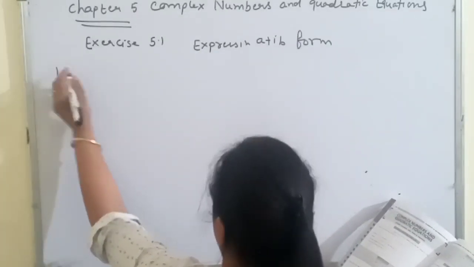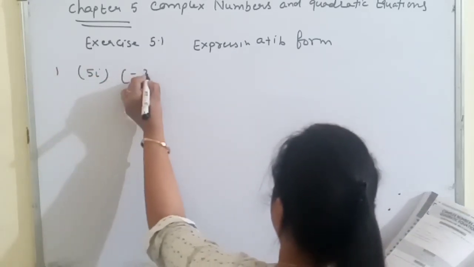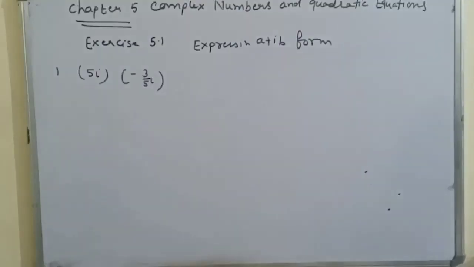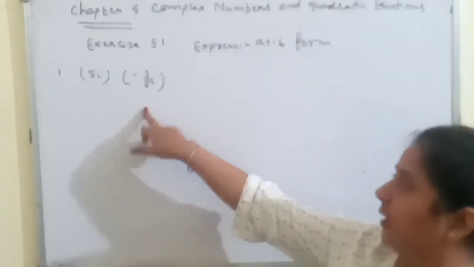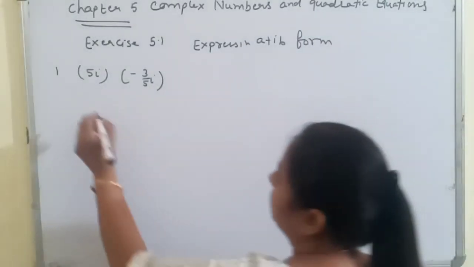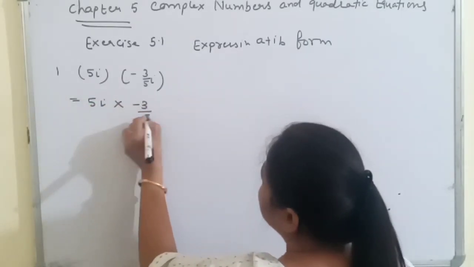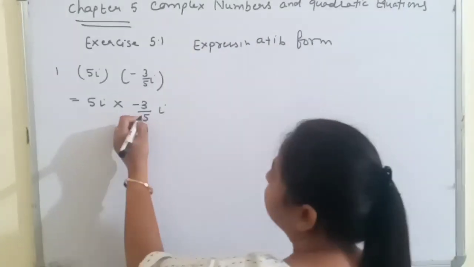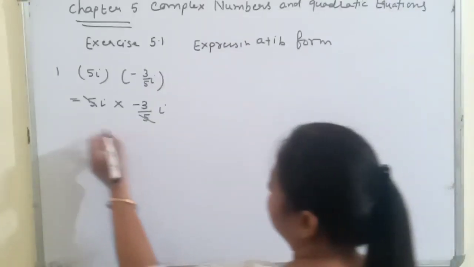Question 1 is 5 iota into minus 3 upon 5 iota. We have to solve it. Let's see, students, how we can solve it. 5 iota is multiplied by minus 3 upon 5 iota. Yes, we can cancel these integers, 5 by 5, and what is left with us?